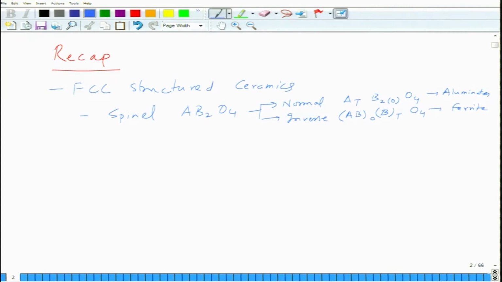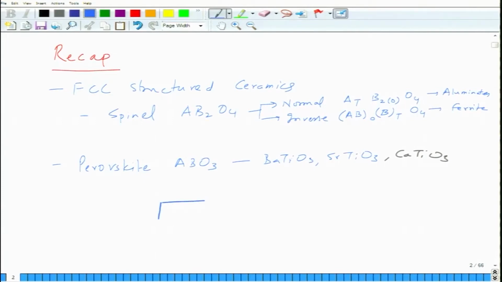Then we looked at the perovskite structure, which is based on the ABO3 formula unit, with compounds such as barium titanate, strontium titanate, calcium titanate, and so on. They follow this structure, which is based on a non-FCC packing.